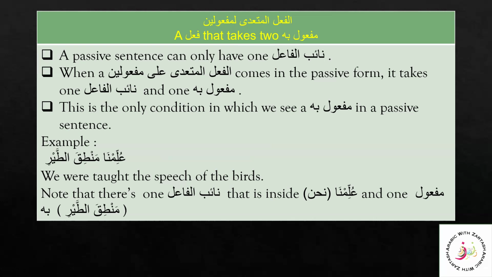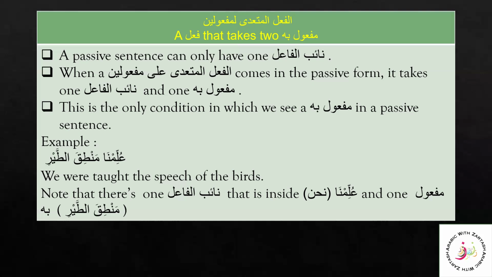These are a few points you need to remember when we see a verb in the passive form that is mutaddi to two maf'uls. If it is in a passive form, the first one will become the na'ib fa'il, but the other will remain maf'ul bihi. This is the only condition in which we see a maf'ul bihi in a passive sentence.